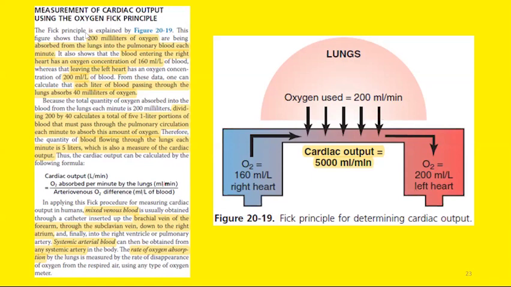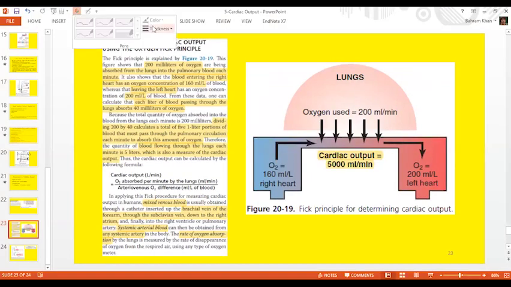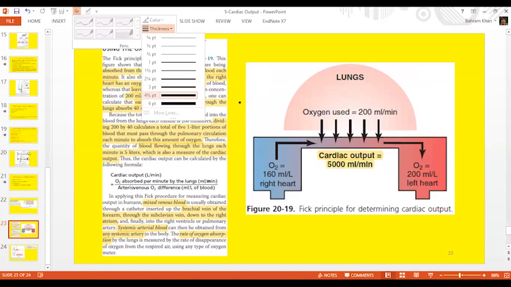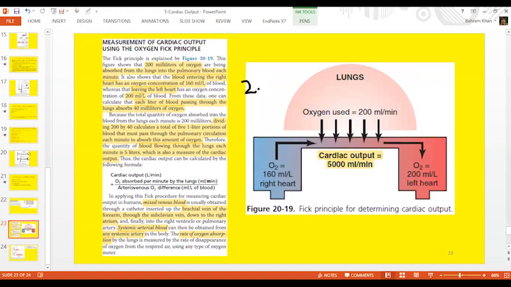So the amount of oxygen absorbed by the lungs is equal to 200, and you take the difference between the arterial end and the venous end. 200 minus 160 will give you a difference of 40 milliliters. So what we are going to do is divide 200 milliliters by this arteriovenous oxygen difference.